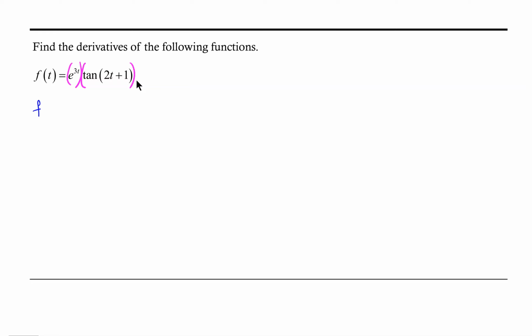So we want to find f prime of t. That means we want, by the product rule, the derivative with respect to t of our first factor times our second factor, plus the derivative with respect to t of the second factor times the first factor.